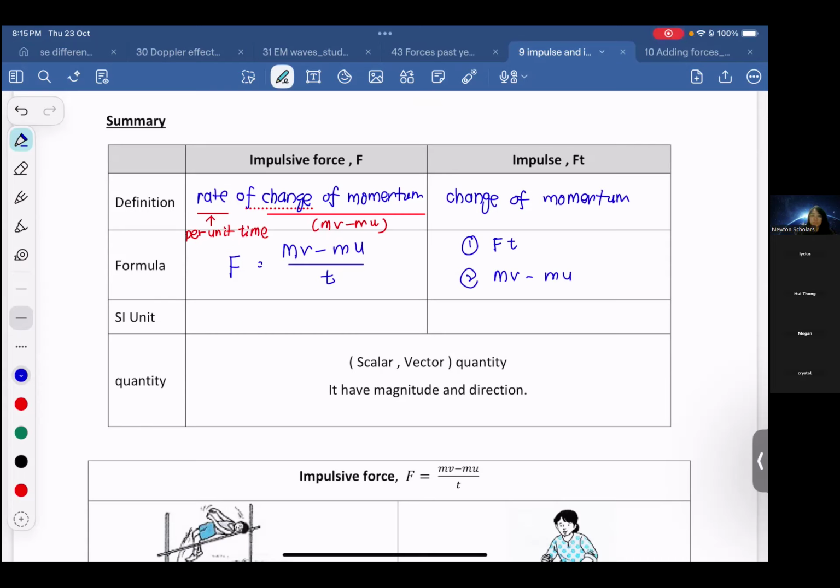So here, the SI unit for force is Newton. The SI unit for impulse is Ns or kg meter per second. Can you guys tell me, is this a scalar or vector quantity?